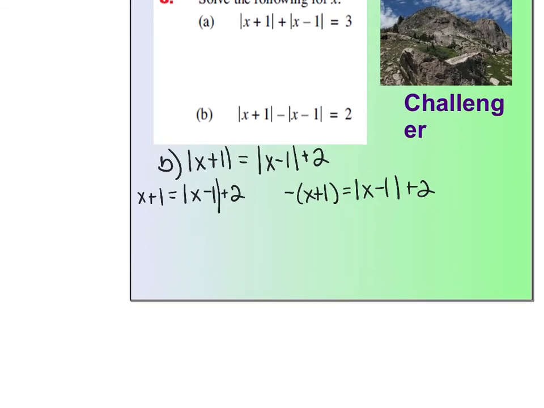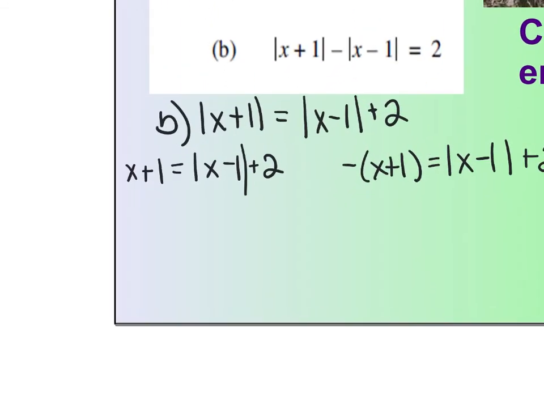Okay, now on the left-hand side, the positive side, I'm going to subtract the 1. And now I only have one absolute value, so I'm going to set up two cases for that absolute value. So I've got the positive side and the negative side.